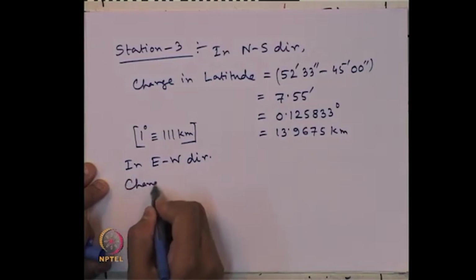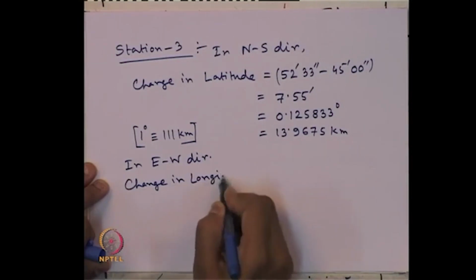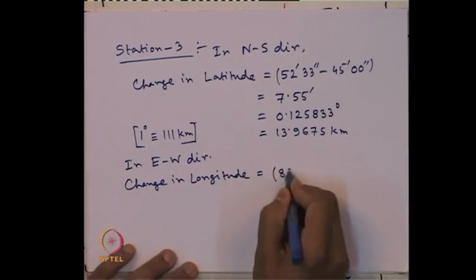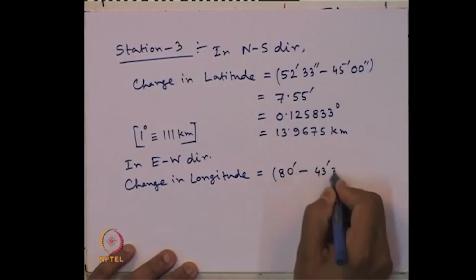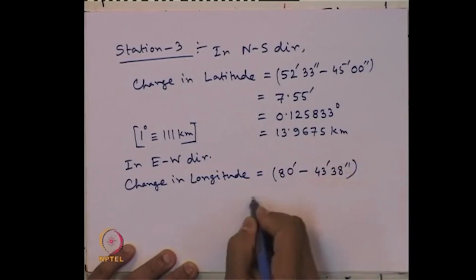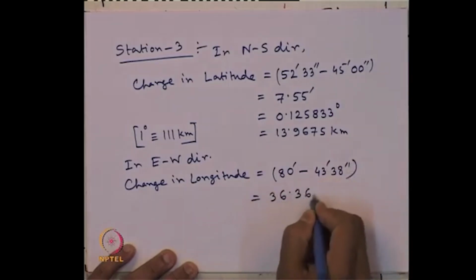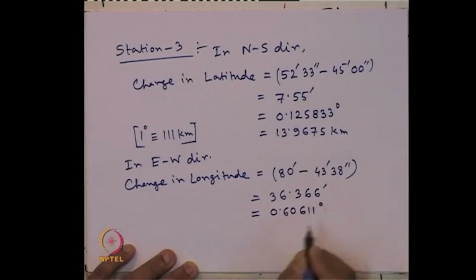the change in longitude with respect to station number 2 is, again converting it, 80 minus 43 minutes 38 seconds. If you convert minutes to seconds, it comes to 36.366 minutes, which corresponds to 0.60611 degree.